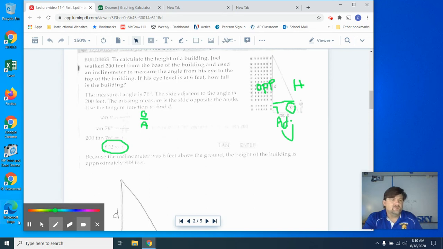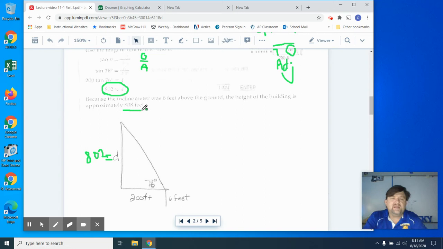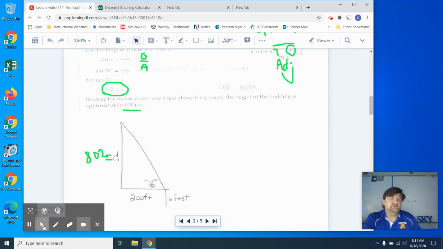So if we're looking at this answer here, this answer is 802. And if this answer is 802, then it's 6 feet higher because of his eye level. So the answer is approximately 808 feet. So just make sure you watch out for little tricks like that. So let's go ahead and move on to the next one here.